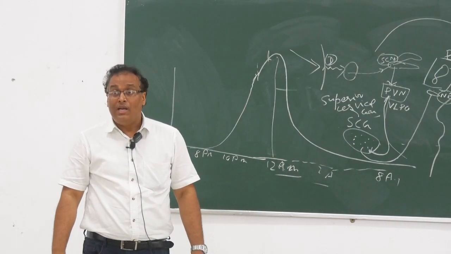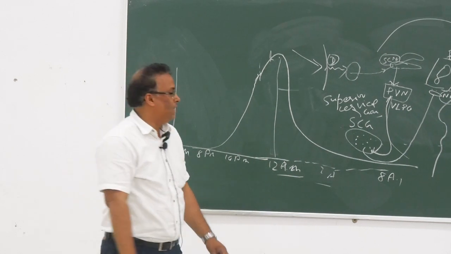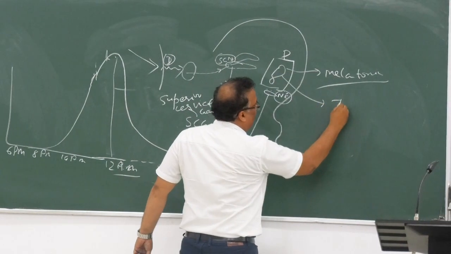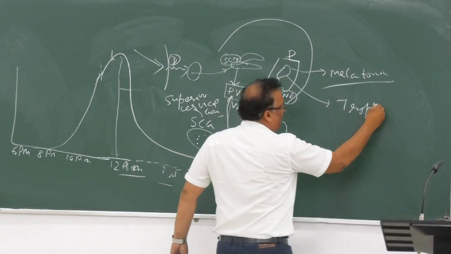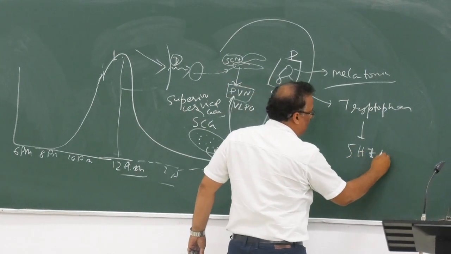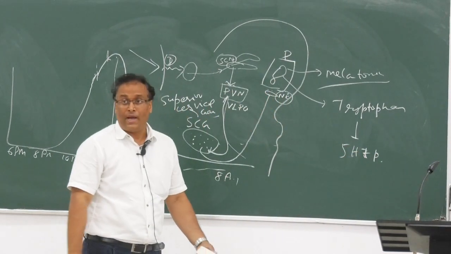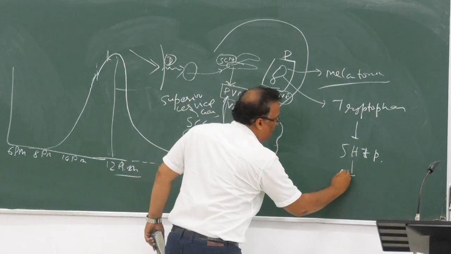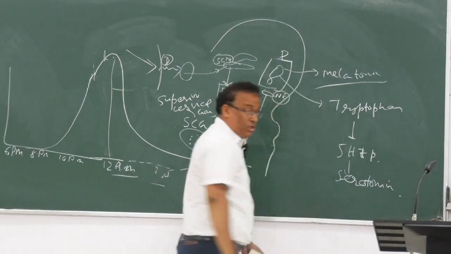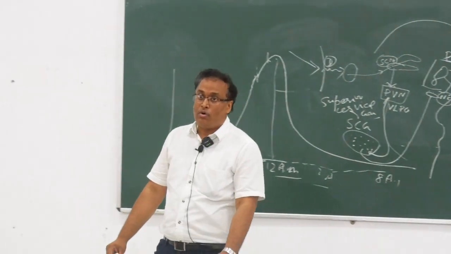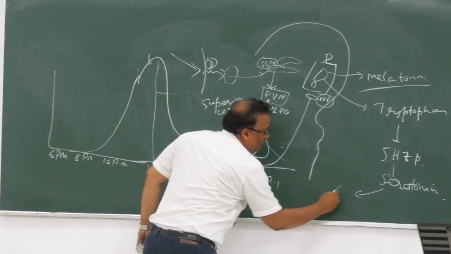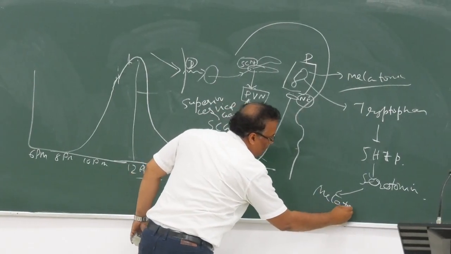And melatonin really starts from tryptophan. Have you heard the name tryptophan? I wrote tryptophan here; it comes into this gland. From tryptophan to 5-HTP, that is 5-hydroxytryptophan, and then this becomes serotonin. Remember, at the beginning of my chapter, I already told you that serotonin is an intermediate product for the synthesis of melatonin, and then it is released as melatonin.